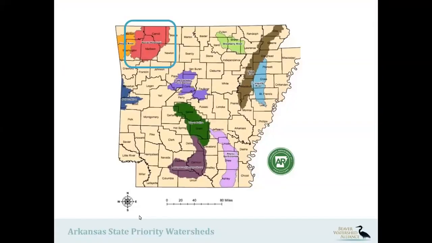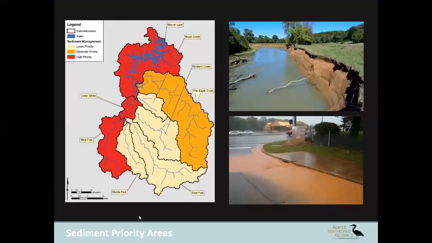So Beaver Lake watershed is a state priority watershed with tributaries that are listed on the 303(d) list that do not meet their designated use. There are currently 5 stream reaches that are listed as impaired. Part of that impairment is caused by sediment.